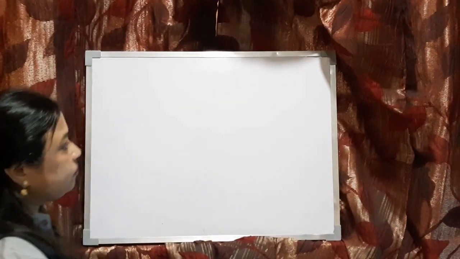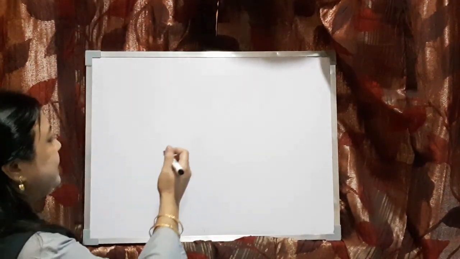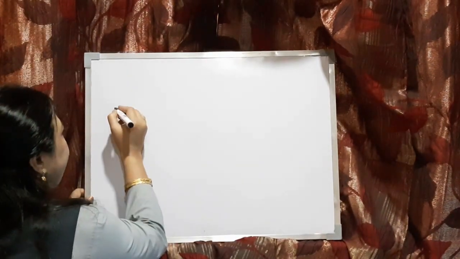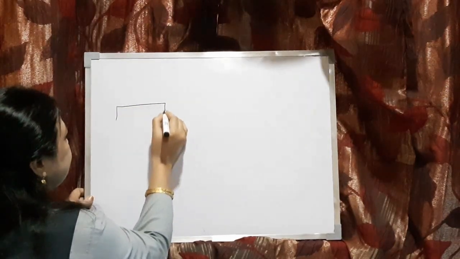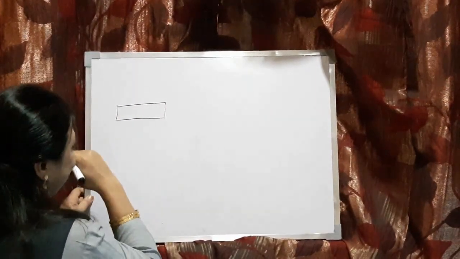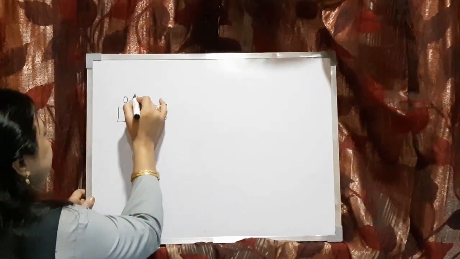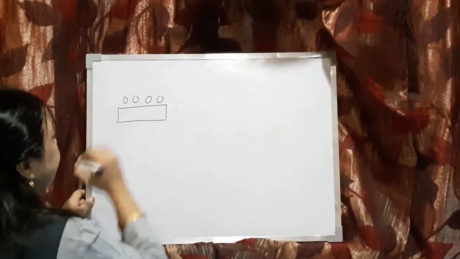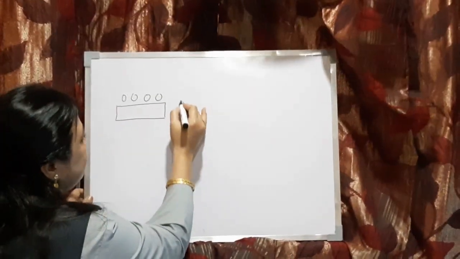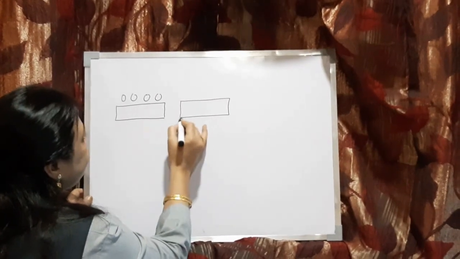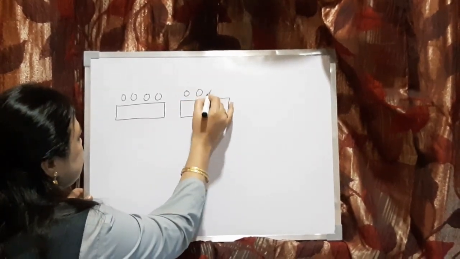So children, here what is given is that 4 students can sit at a desk, right? So in one desk, suppose this is a desk and here 4 children can sit, right? Again one desk and 4 children can sit.